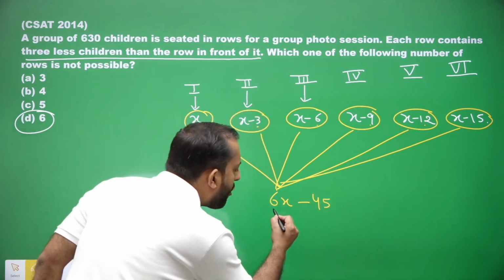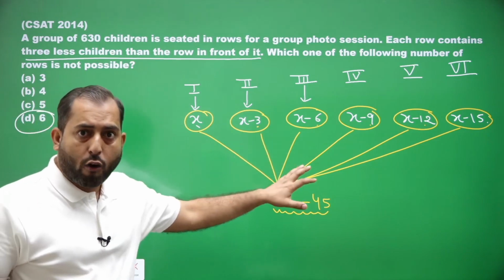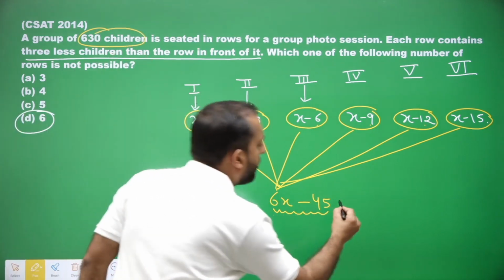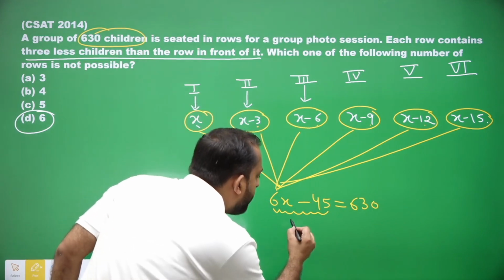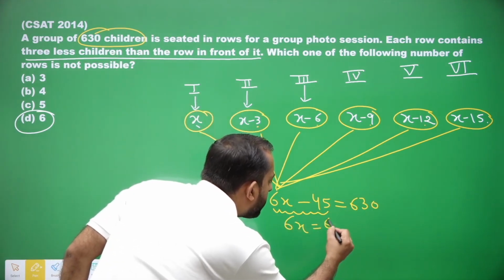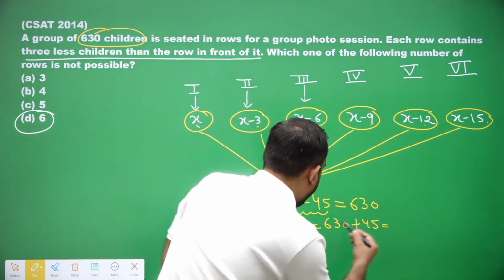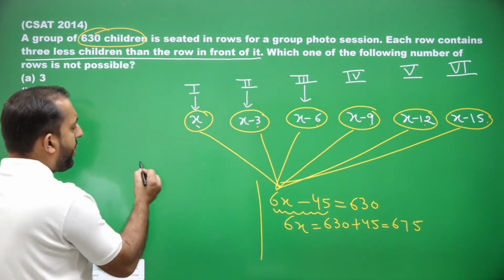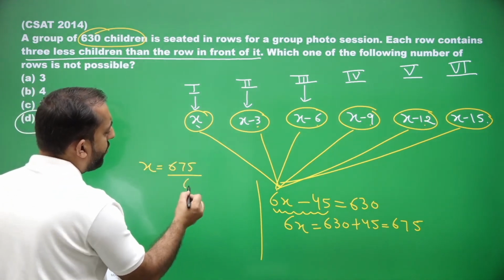So the total number of children in 6 rows is 6x minus 45. And we know the total number of children is 630. So 6x equals 630 plus 45, which is 675.